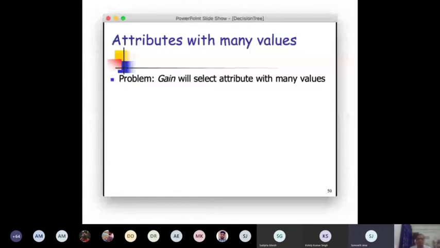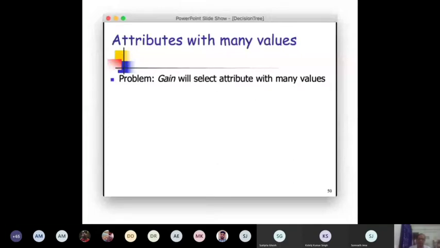The maximum entropy is log n, base 2. So as you can see, if your n increases, this maximum entropy also increases.